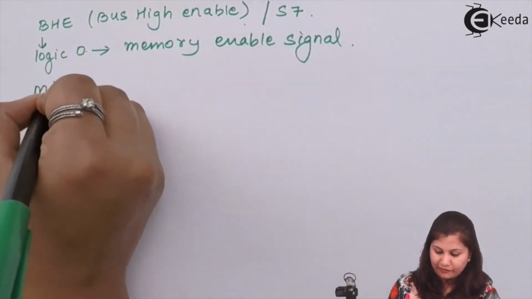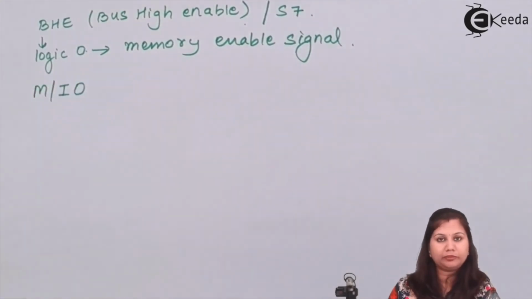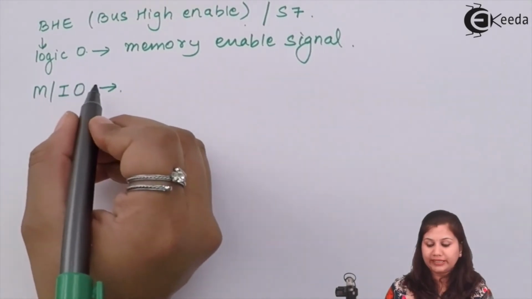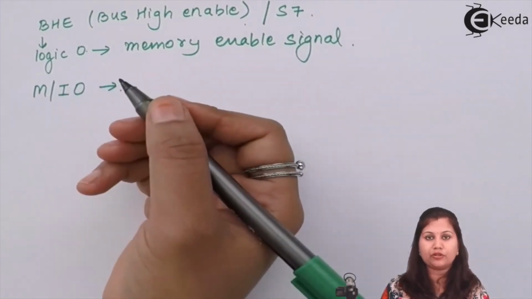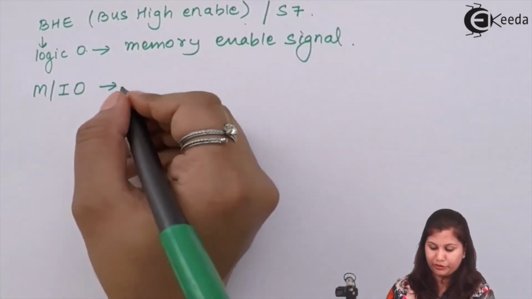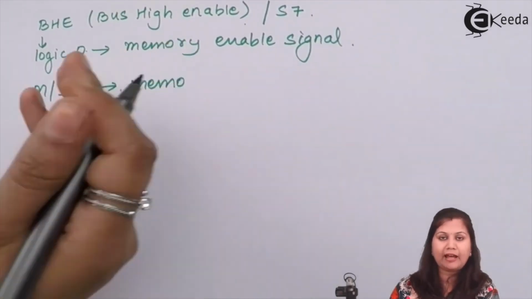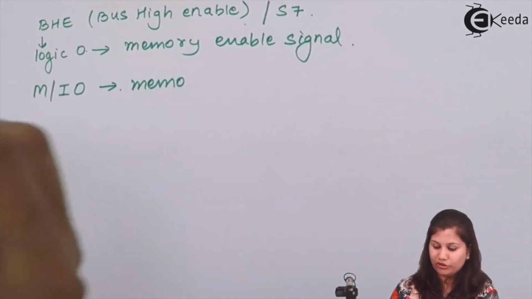Next signal we have is the memory input output signal. This signal is used to decide whether it's a memory operation or an input output operation. So this signal can be at logic 0 and also at logic 1.